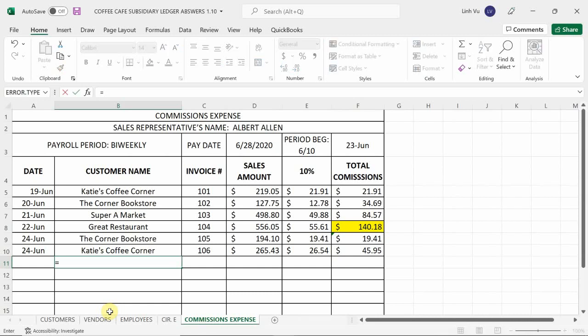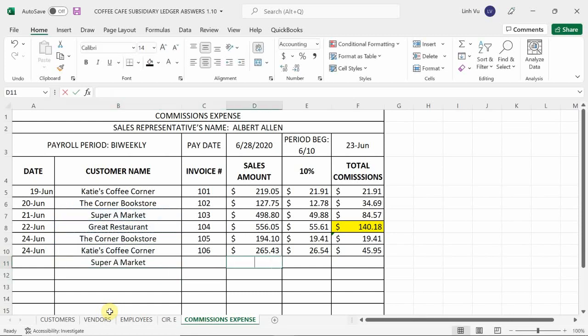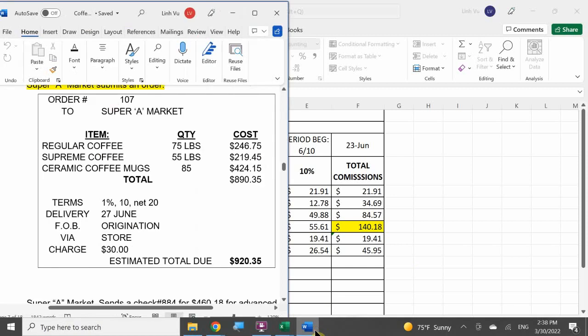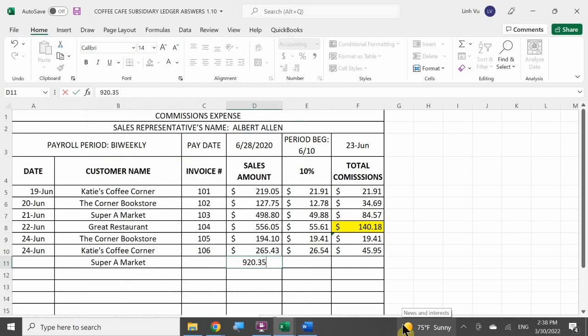So, Super A Market, for $920 and was it 87 cents? Let's see. 920.35. Okay.